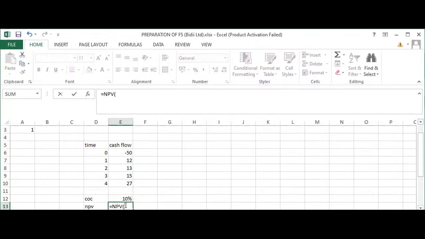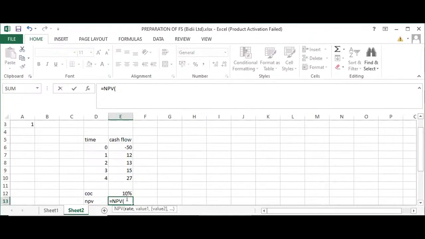Great. Now you can see they are telling you to pick the rate. The rate is the cost of capital. Pick that 10%. Then they want you to say comma, isn't it? So you say comma, the lower one.